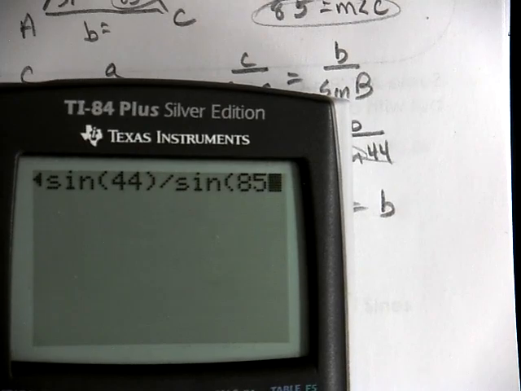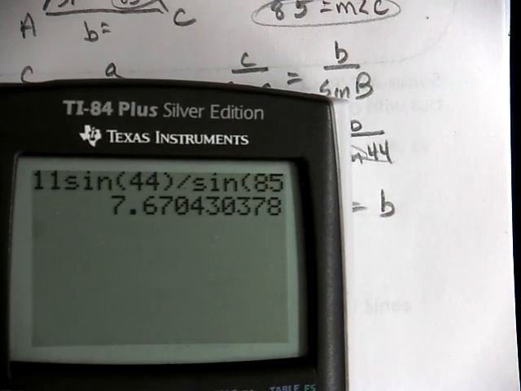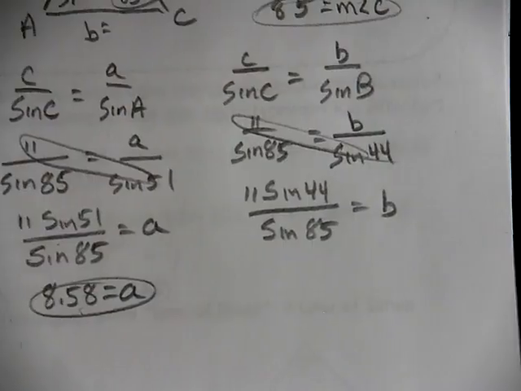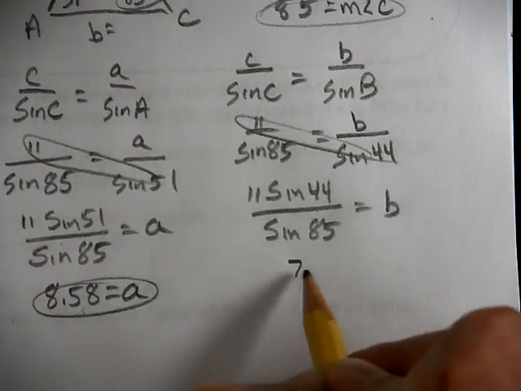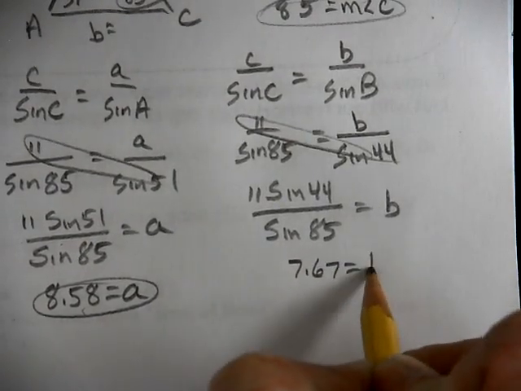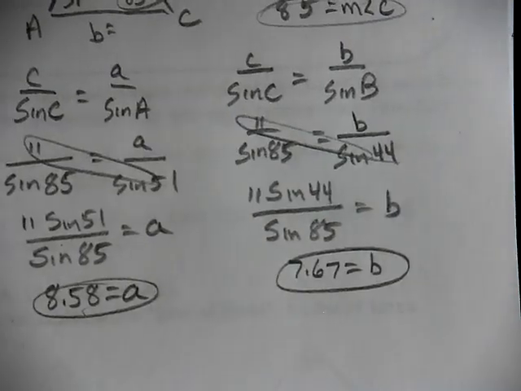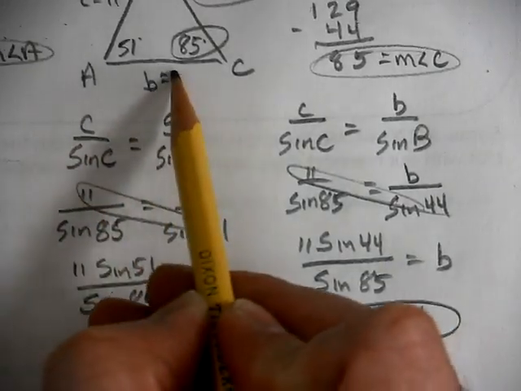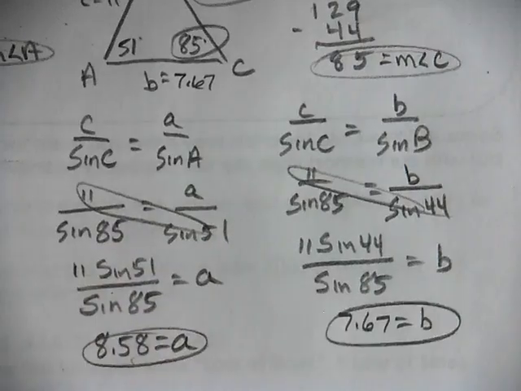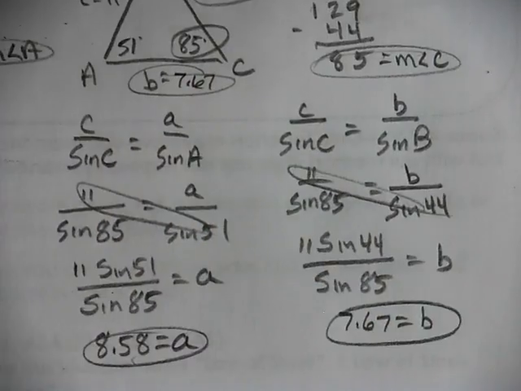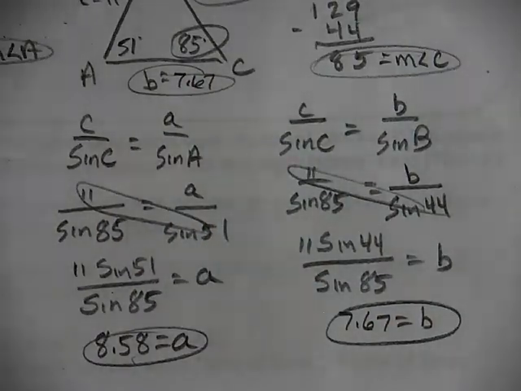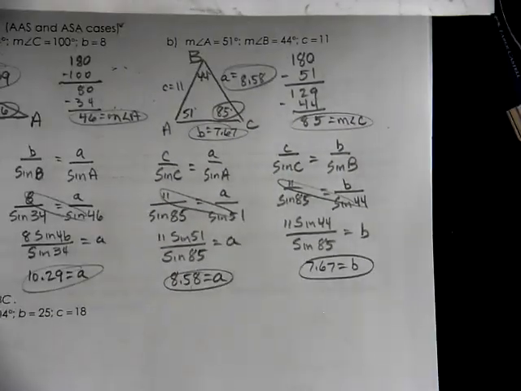You can close it if you want to. And you'll get 7.67. We can label that up here and circle it. And we solved our right triangle.